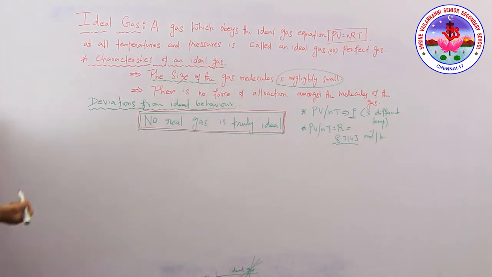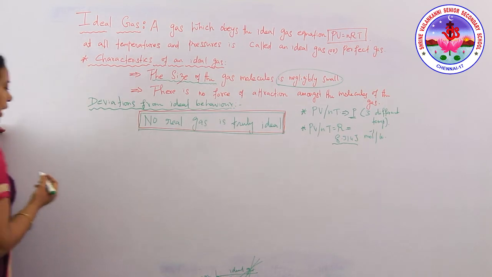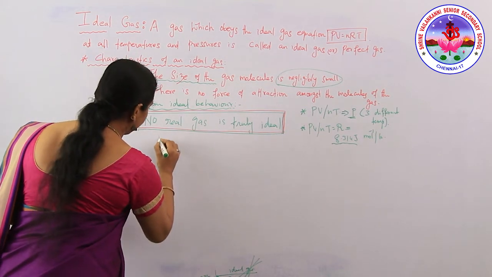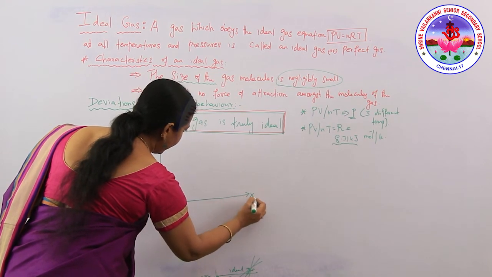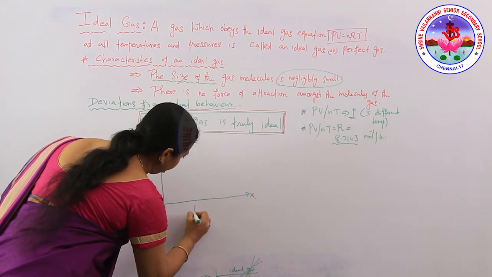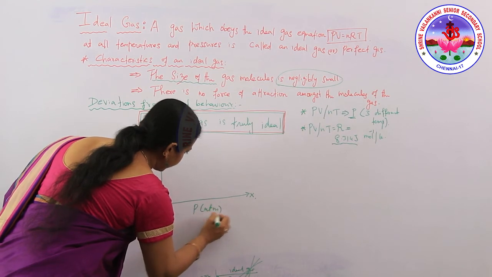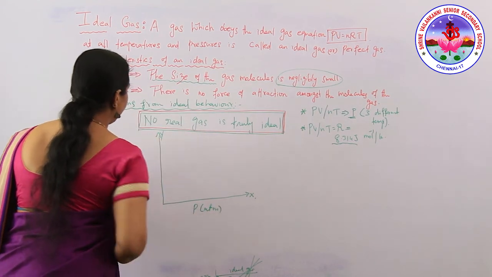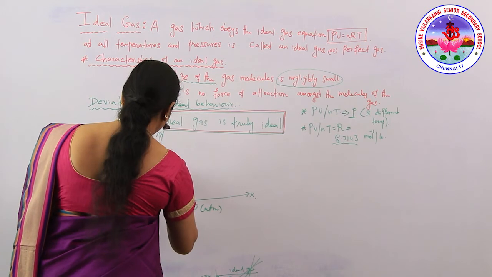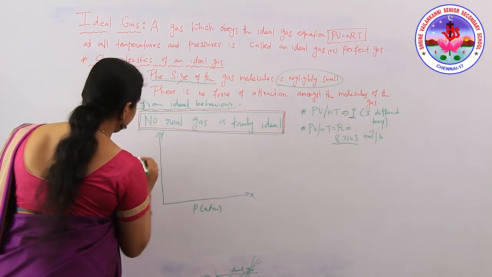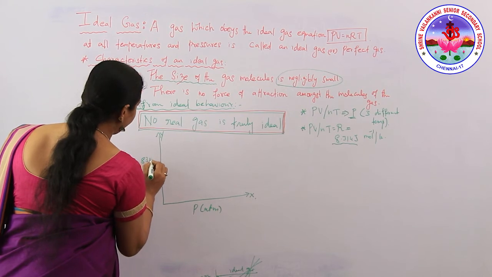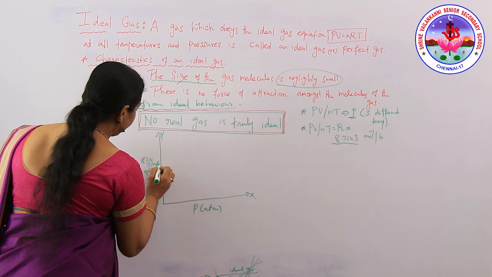Now, PV by nT is plotted against pressure. On the x-axis we have taken the pressure in atm as the unit, and PV by nT is 8.314 joule per mole per Kelvin.